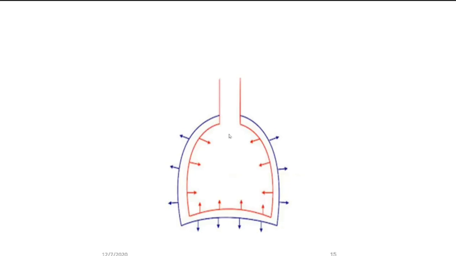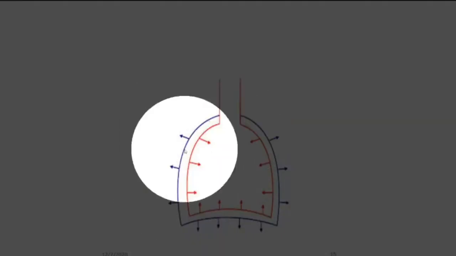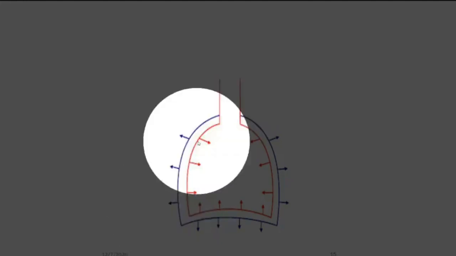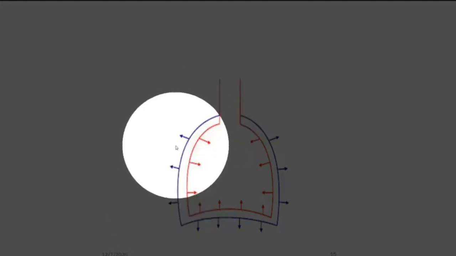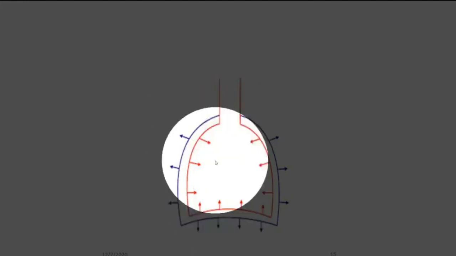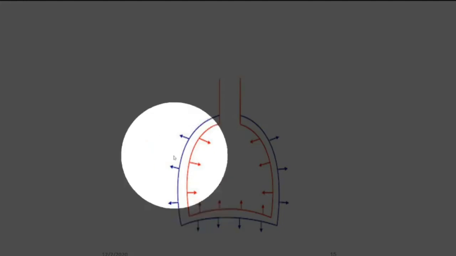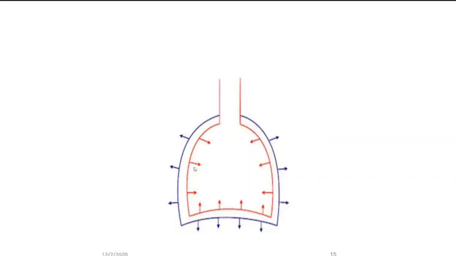As you can see here, this is the action of the thoracic wall. It tends to go outside. It pulls outside. This is the elasticity of the lung. It would tend to shrink. So the net of forces will result in the correct ventilation.